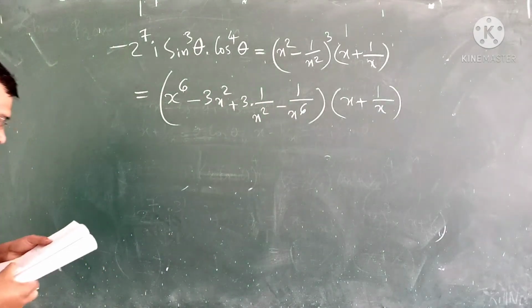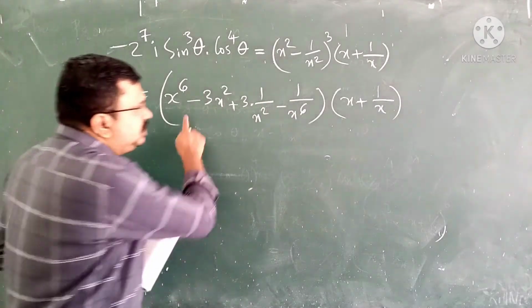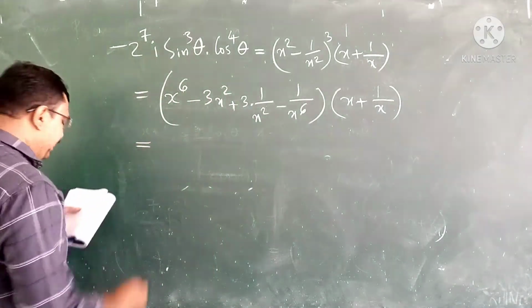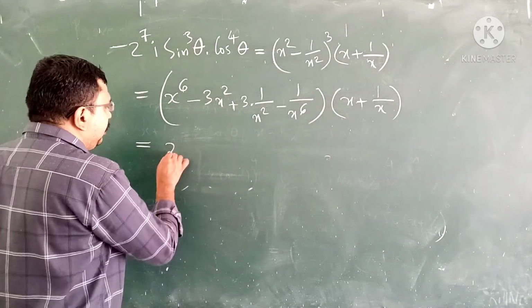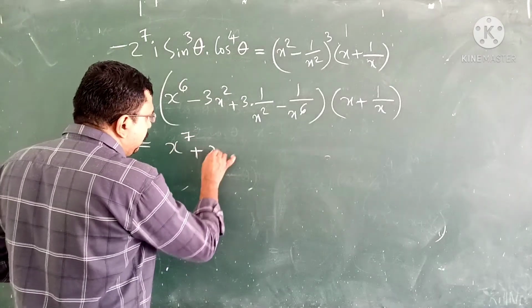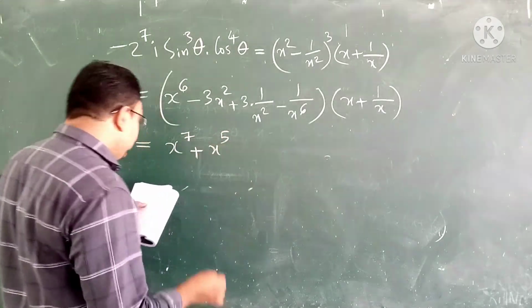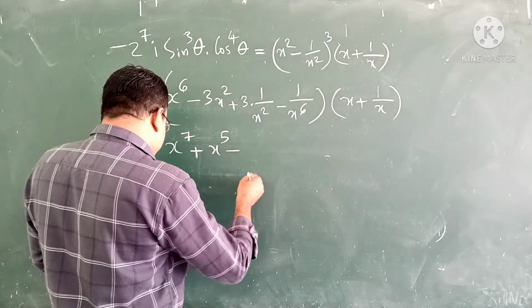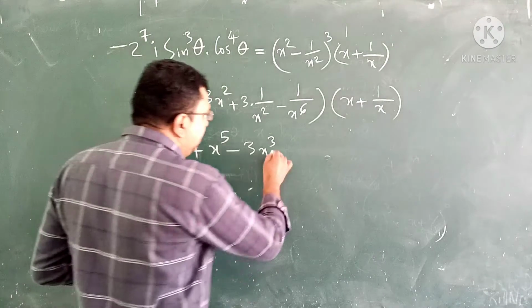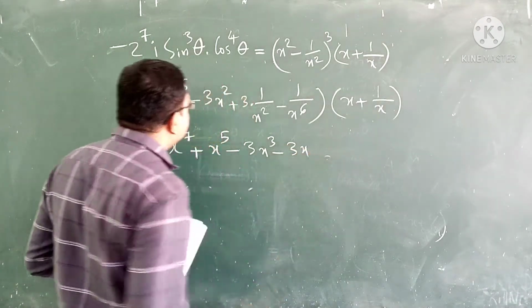Okay, when we are multiplying this term using x plus 1 by x, then we will get x raised to 7 plus x raised to 5 minus 3x cube minus 3x.